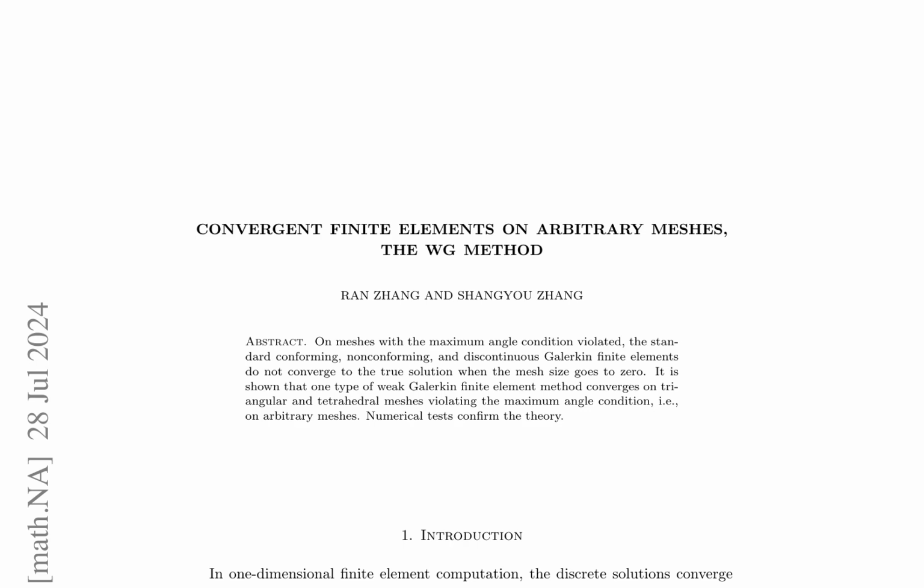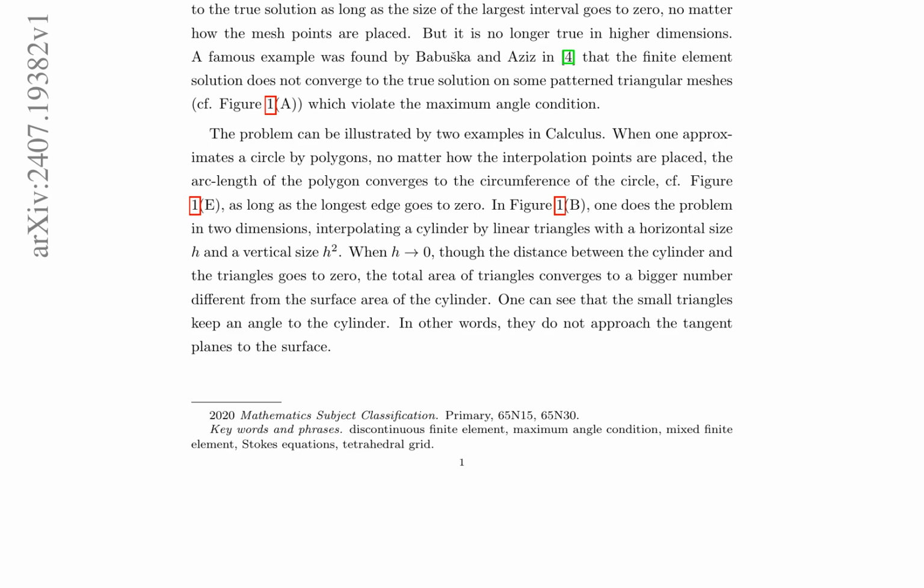To illustrate this problem further, the authors provide two examples from calculus. In the first example, approximating a circle with polygons, the arc length of the polygon converges to the circumference of the circle as the longest edge size decreases. In the second example, they approximate a cylinder using linear triangles with both horizontal and vertical sizes approaching 0.